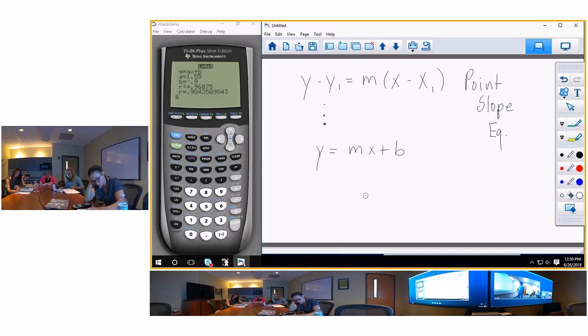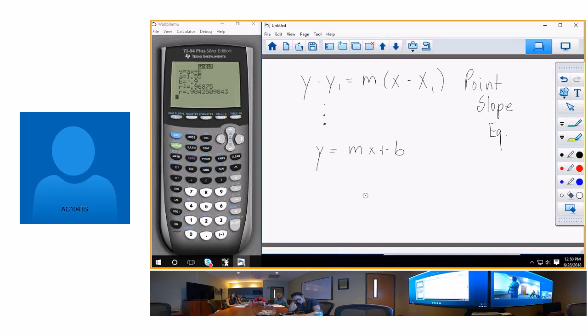Now, in statistics, of course, they change everything. Your a is right here, and your b is right here. They didn't change it, so it's still b. So we could rewrite this line. The line that you have is y is equal to 1.55x minus 0.9.